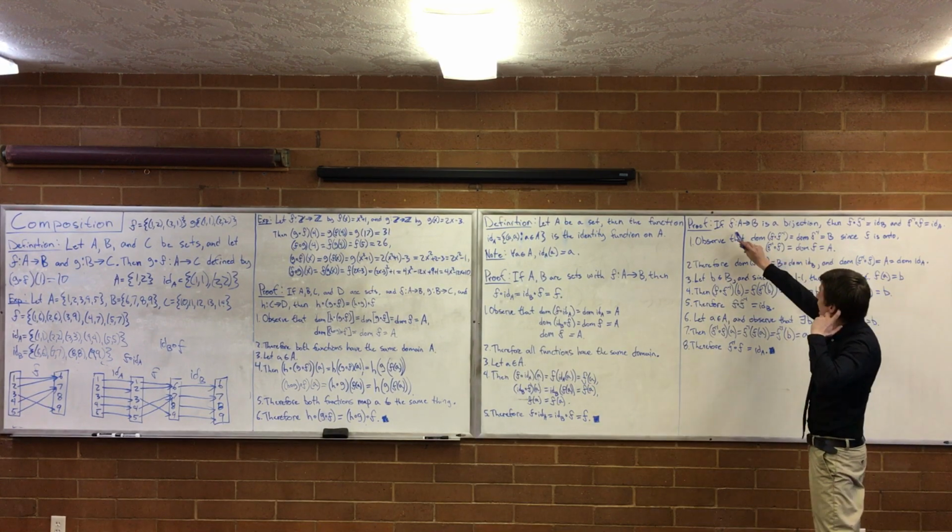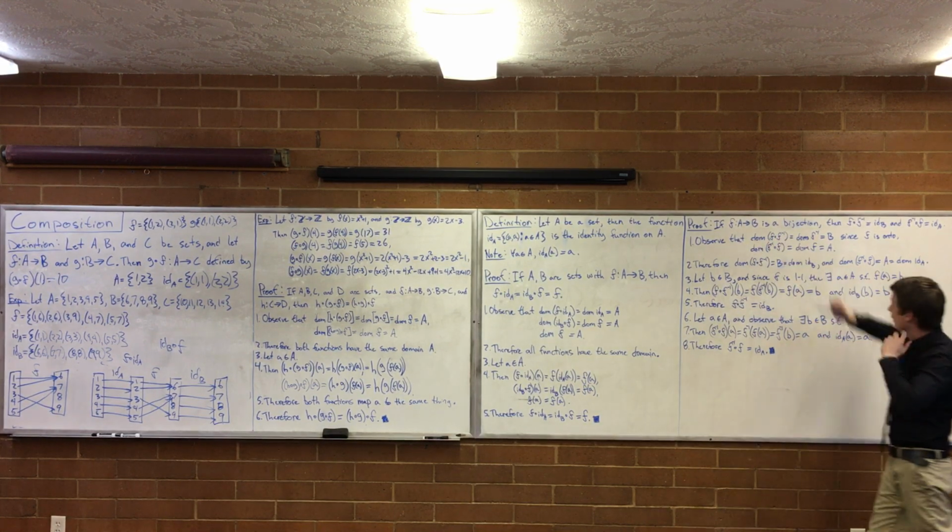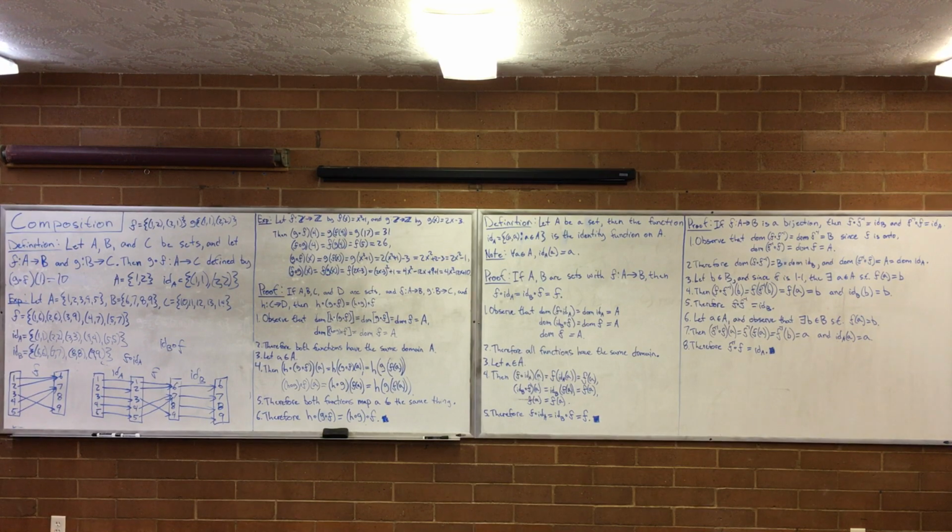So if f is a function from A to B and it's a bijection, what does that mean? It's onto and one to one. So the image of f is all of B, and then f maps everything in A to only one thing in B, and everything in B to only one thing in A. Alright. Everything in the domain is used once and only once, and everything in the image is used once and only once.